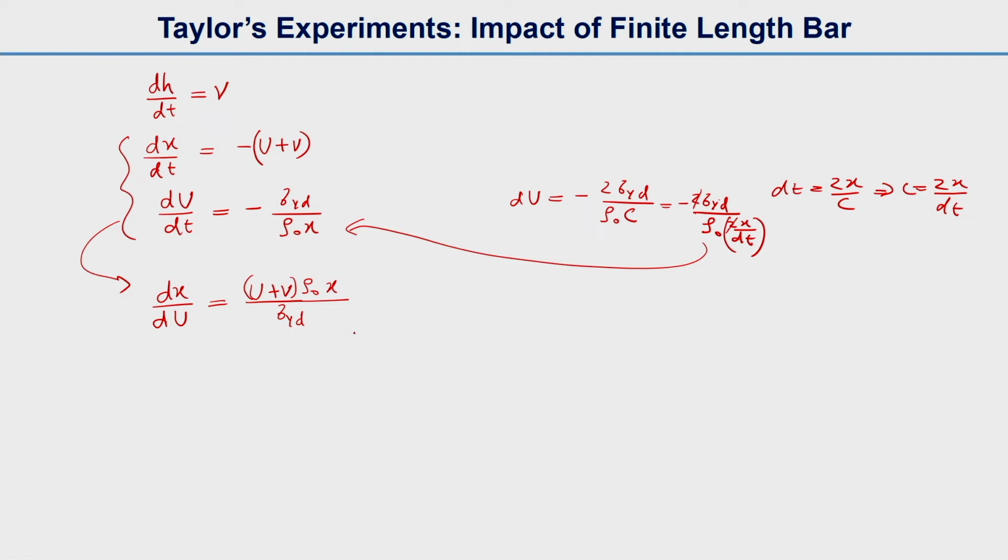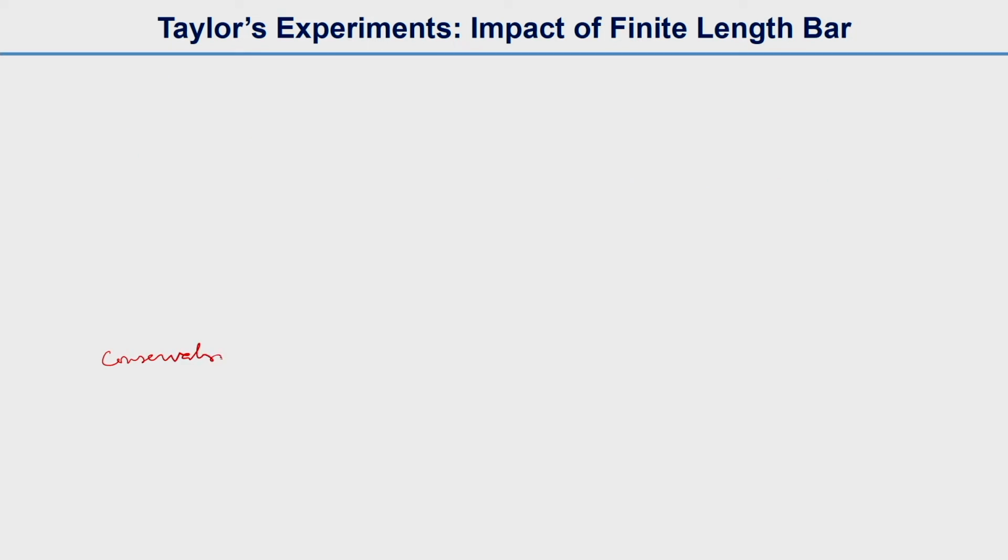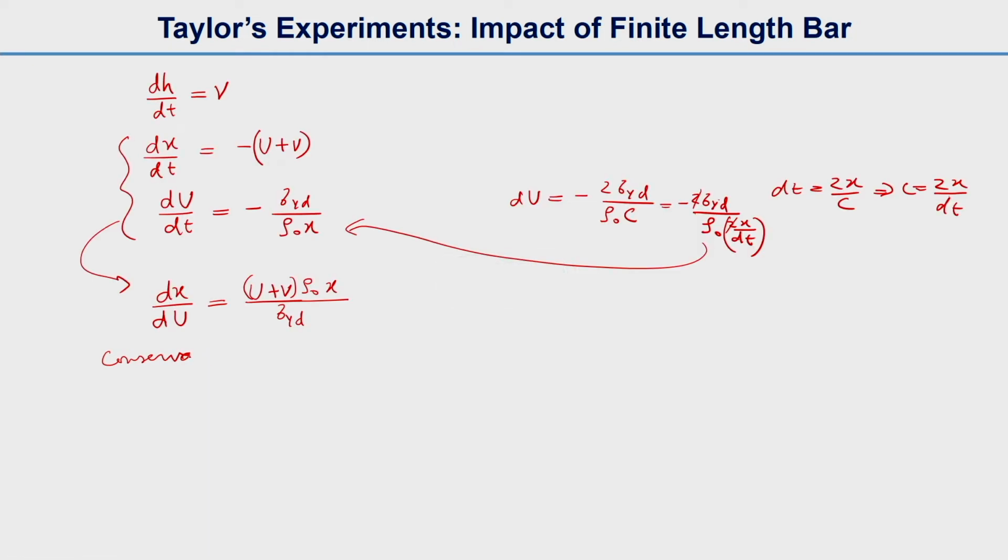But from the conservation of mass, what we discussed in the earlier classes, we know that a naught u plus a naught small v equals a v. So that way the area is different, because the plastically deformed part and the other part have a different area.